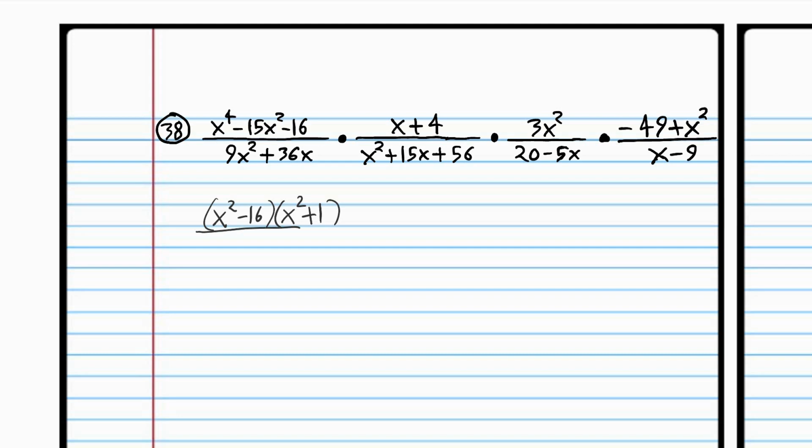All right, and then we're going to factor out the common factor on the denominator, which should be 9x. And factor out the quadratic.